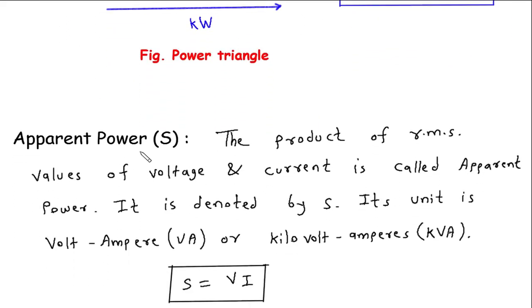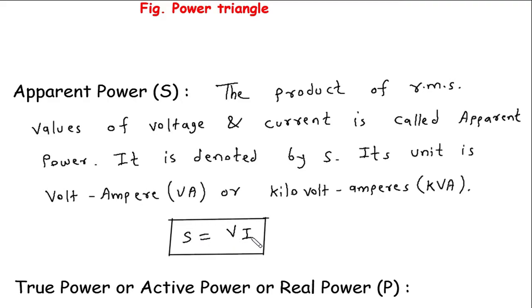Now apparent power is denoted by S. The product of RMS values of voltage and current is called apparent power. Its unit is volt ampere, or in short VA, or kilovolt amperes, in short kVA.